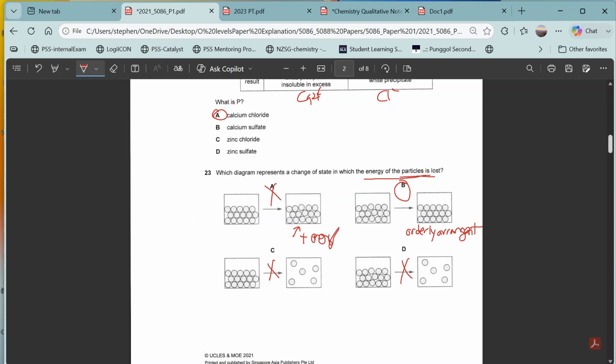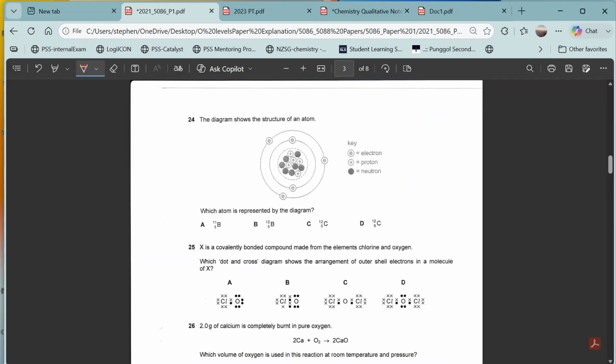Okay, let's go to the fourth question. Diagram shows an atom, with protons, neutrons, electrons. So let's look at the question here. How many protons do we see? 1, 2, 3, 4, 5.